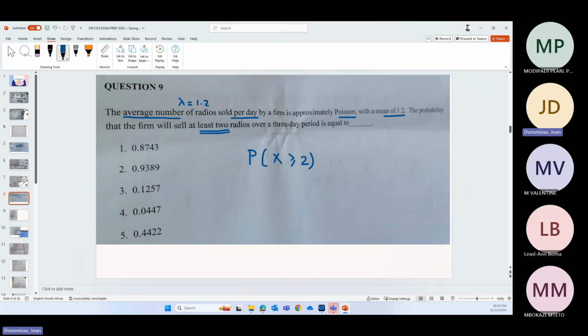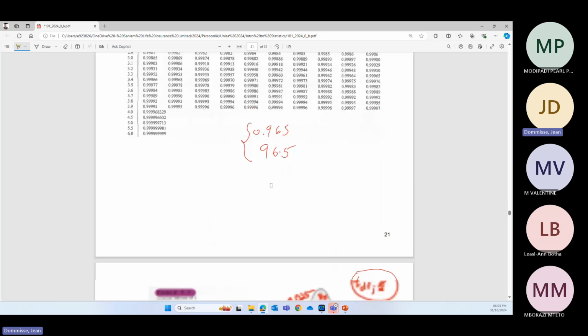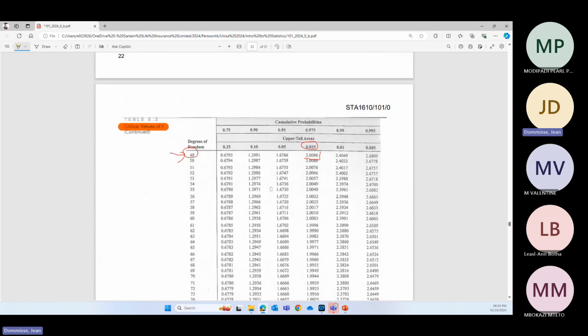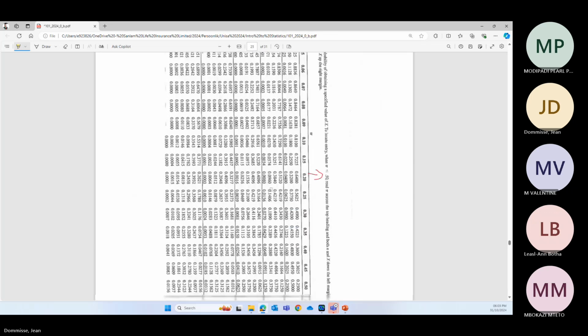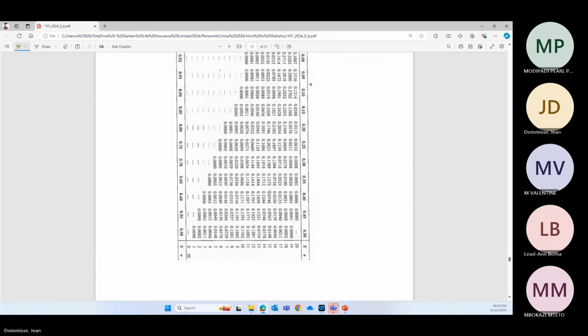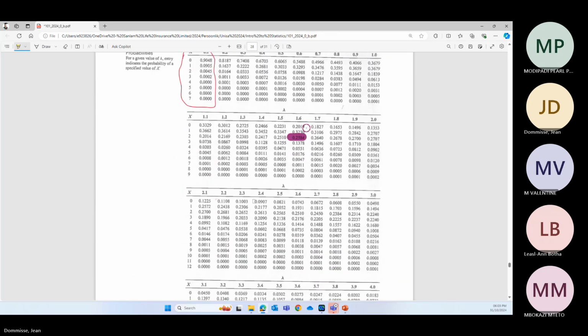Okay, so for this one, we need to go to the Poisson table, lambda 1.2. Let's see where that is. Poisson 1.2, and they want bigger or equal to 2.